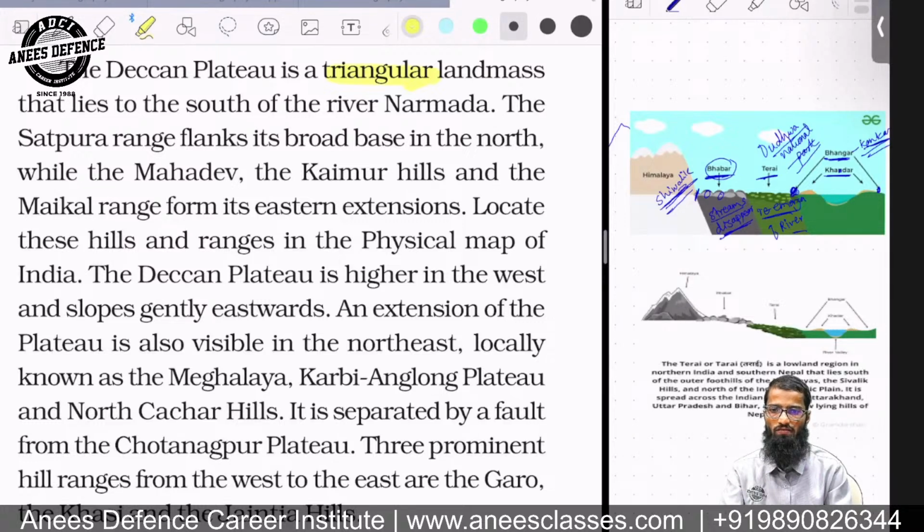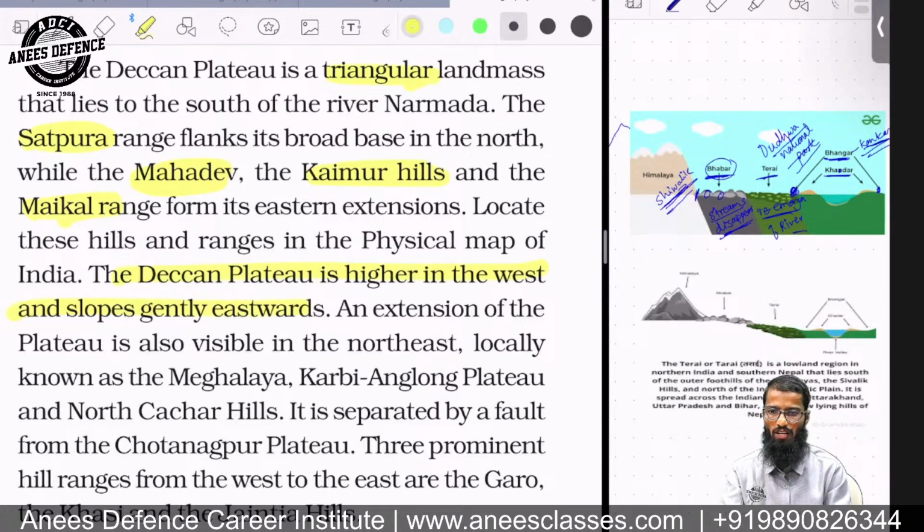The Satpura range flanks it broad in the north, then you have Mahadev and Kaimur Hills and the Maikal Hills forming its eastern extensions. So Satpura, Mahadev, Kaimur, and Maikal. The Deccan Plateau is higher in the west and slopes gently towards the east.